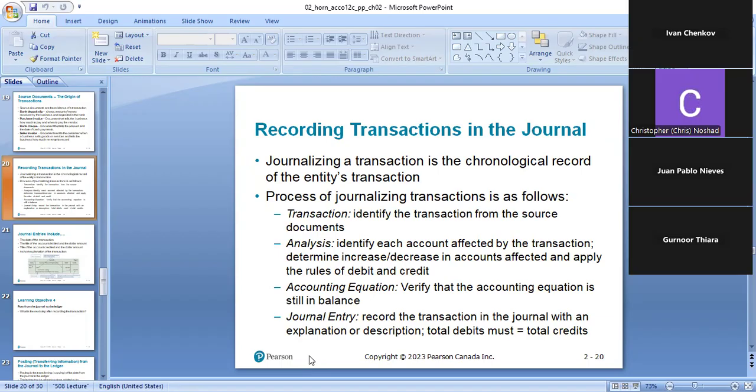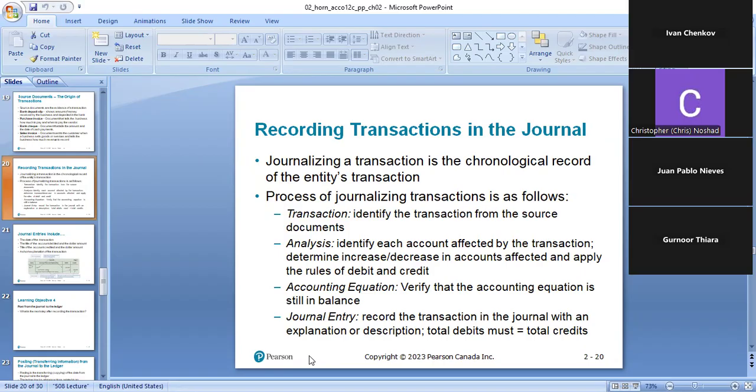And then we see what is increasing and what is decreasing with this transaction. If we have a sales invoice, obviously our revenue is going to increase and our assets are going to increase, either cash or accounts receivable. When we're paying the vendor, our cash is going to decrease and our liability is going to decrease as well. So we have to find out on which side each increase and decrease goes, in order to do the right debit and credit.